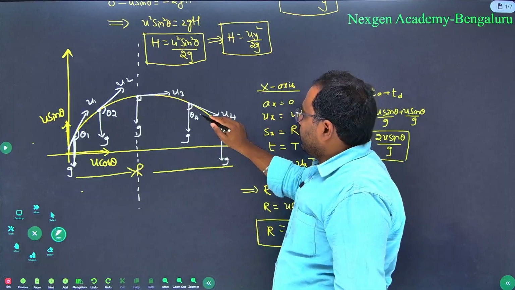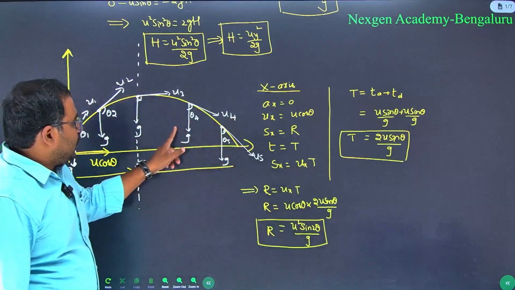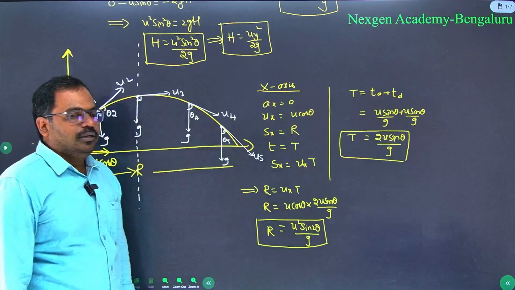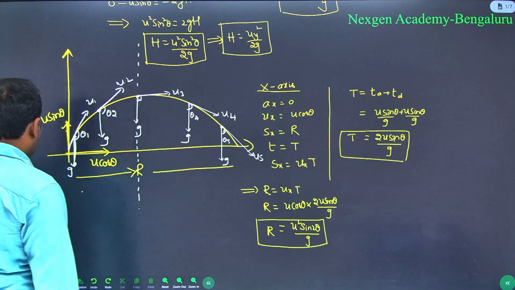And also, in the second half, during descent, the angle between velocity and acceleration is less than 90, an acute angle, right? So a few conclusions we can take from this.